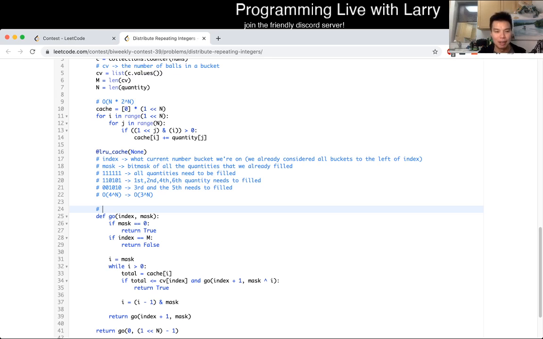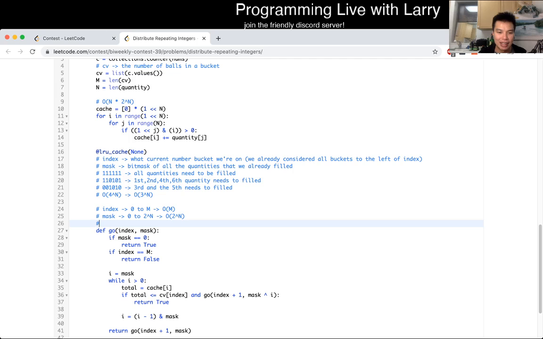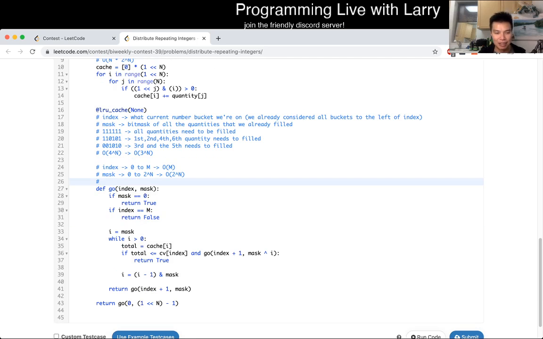But basically you have O of m states, since index can be 0 to m. Mask can go from 0 to 2 to the n, so this is O of 2 to the n states. So the total number of states is O of m times 2 to the n.